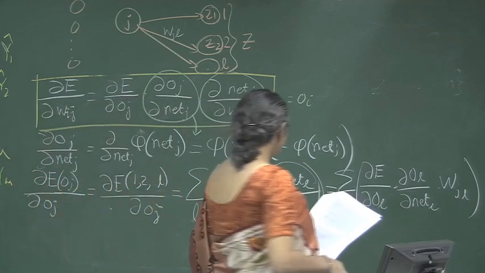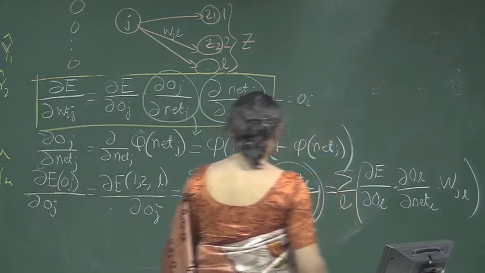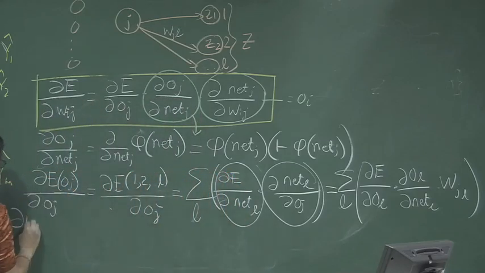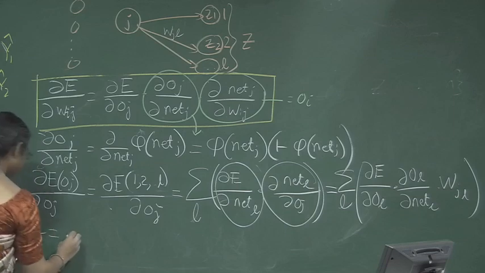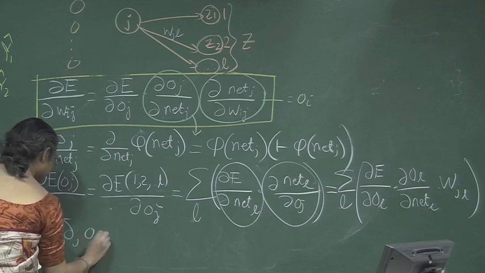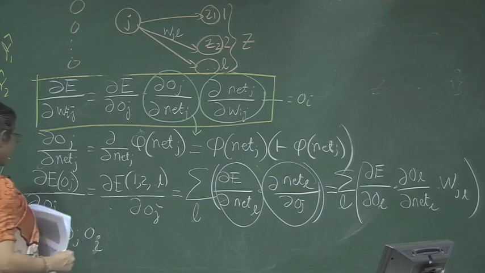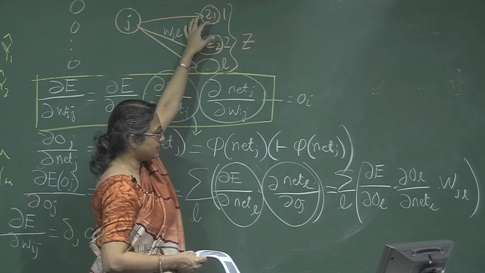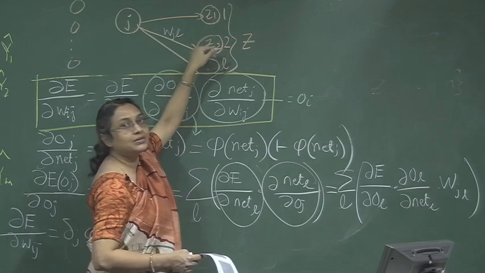Now, suppose we have del E by del Wij equal to delta J Oi. So, we have the output of the current unit and the delta or the errors which are available here.